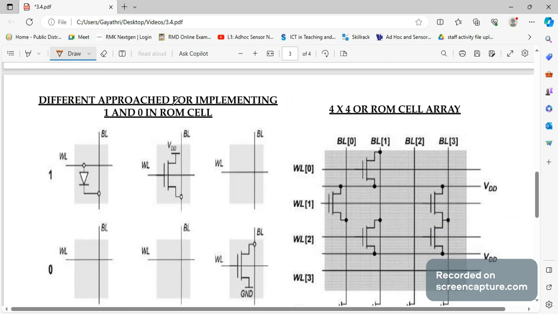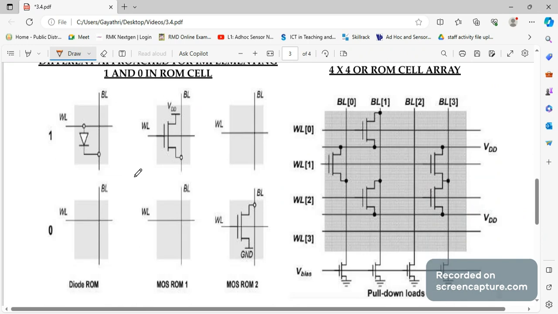We have various approaches to implement ones and zeros in the read-only memories. Let us look at the first one. This is for diode read-only memory. In this diagram you could see the vertical line indicates the bit line and the horizontal line indicates the word line. BL stands for bit line and WL stands for word line.